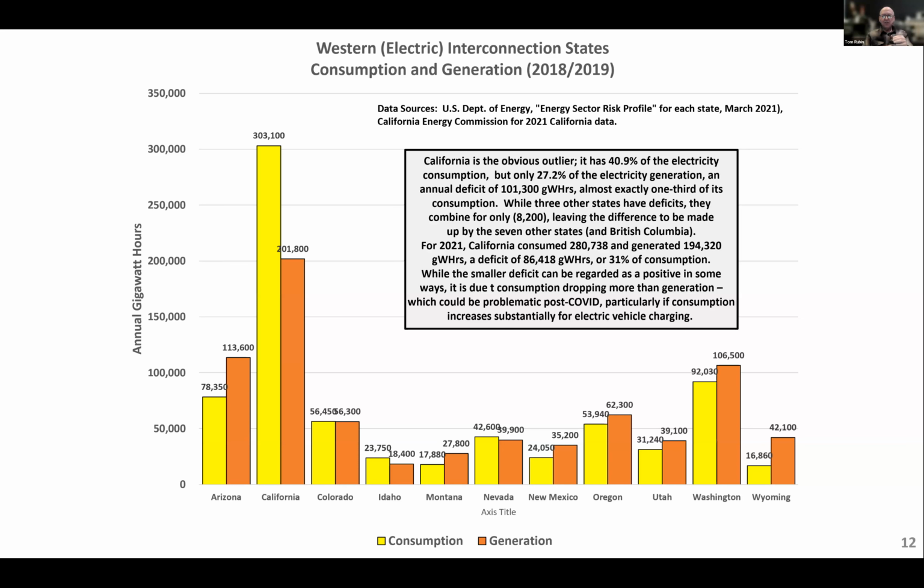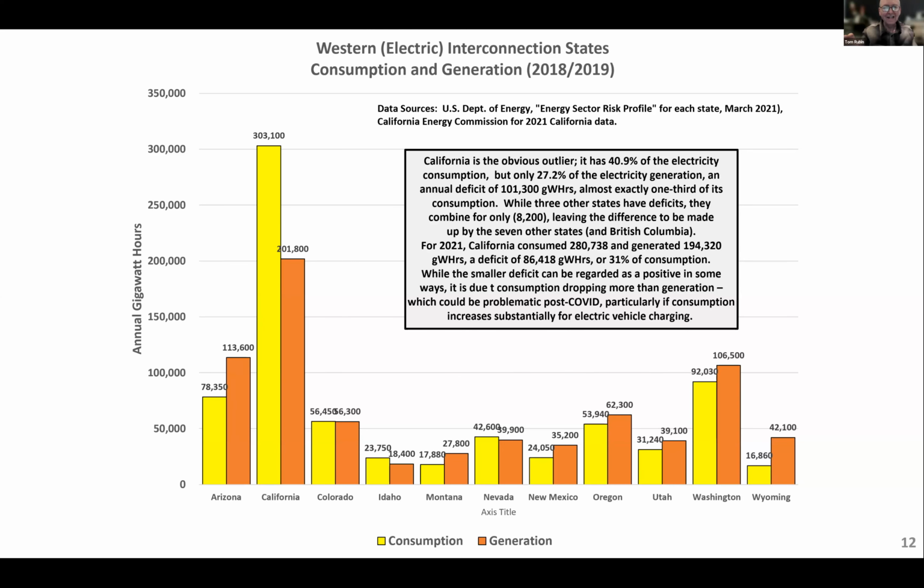But there are basically 11 states that make up the vast majority of the Western intertie. Now, also in there is British Columbia, Alberta, some parts of some other states, and northern Baja California. But for our purposes, the total generation and the total consumption on this map pretty much match.